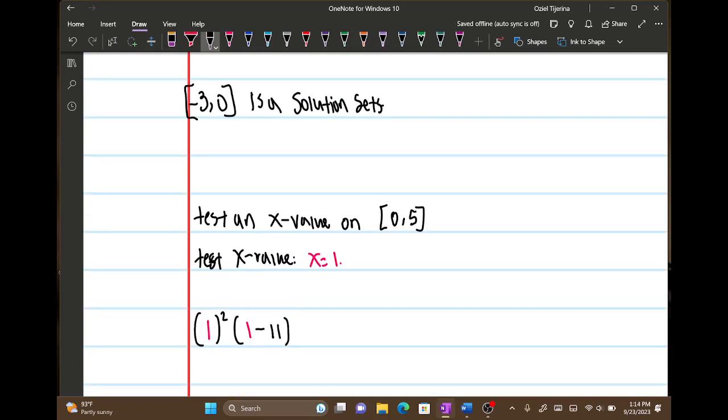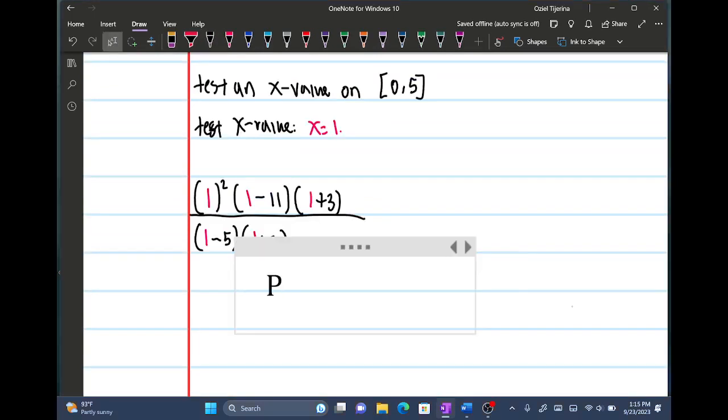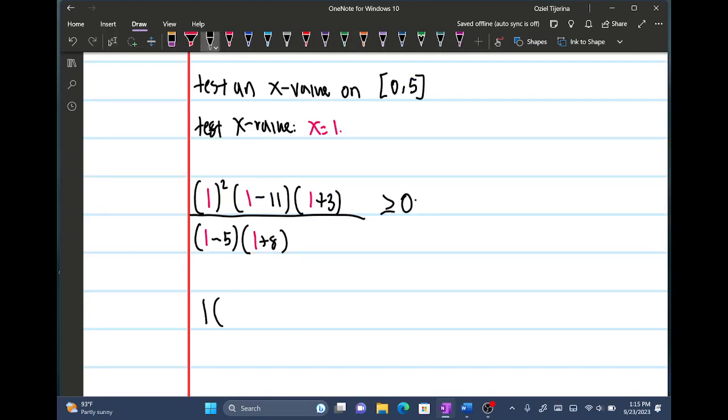Let me do this off camera really quick. Okay guys, and we want to know if it's greater than or equal to 0. So now we have 1 squared is 1. 1 minus 11 is -10. 1 plus 3 is 4. And then over 1 minus 5 is -4. 1 plus 8 is 9.